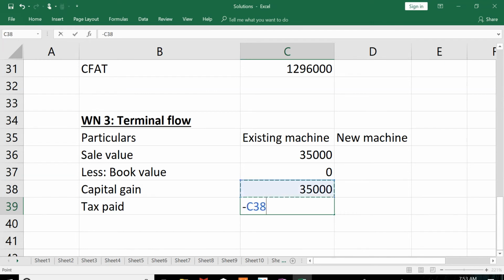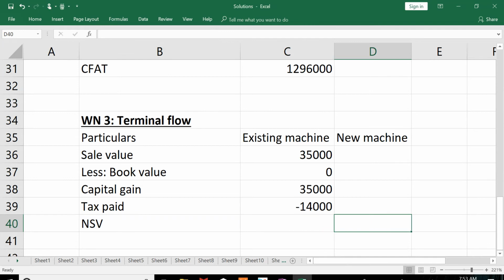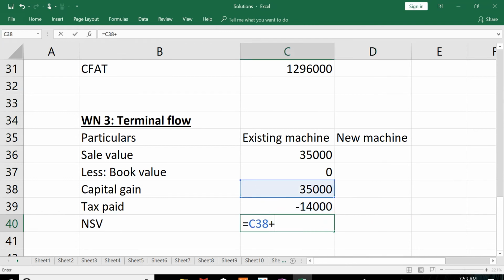Tax paid is 14,000 and NSV is 21,000. We will not go ahead and calculate NPV. What is to be done, I will explain later on. We have done all this.